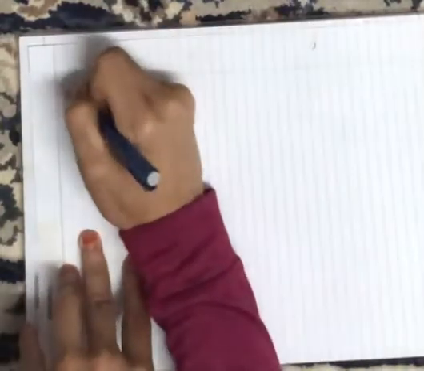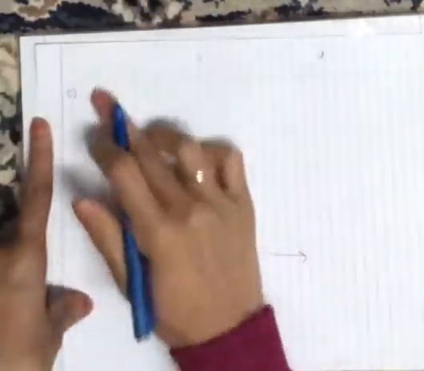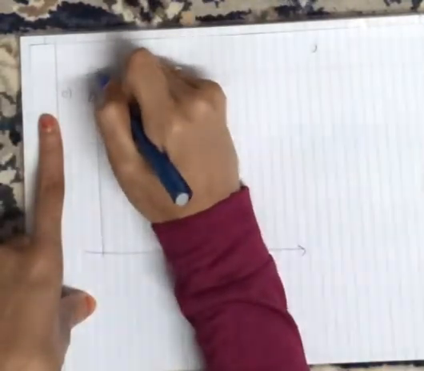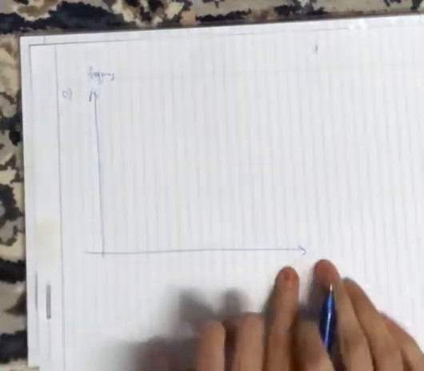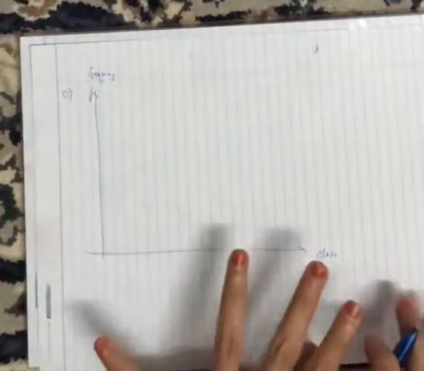Okay, so histogram. You need to label. So the y-axis must be your frequency and the x-axis here is the class. You just label class also, no problem.